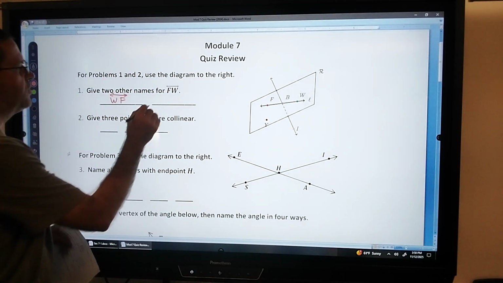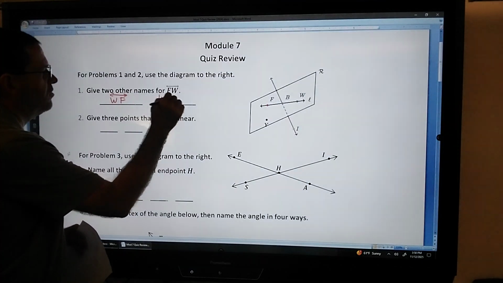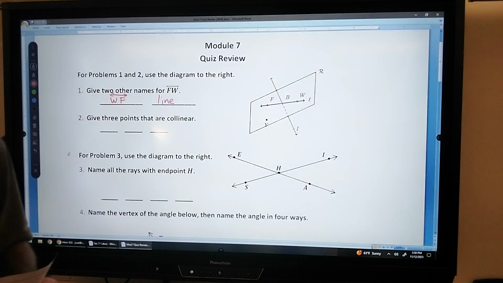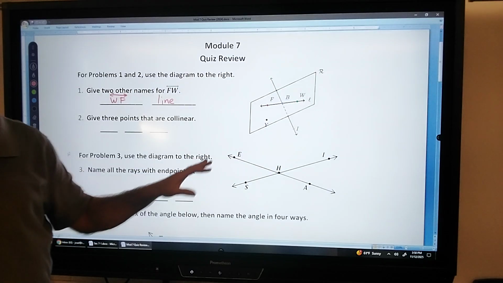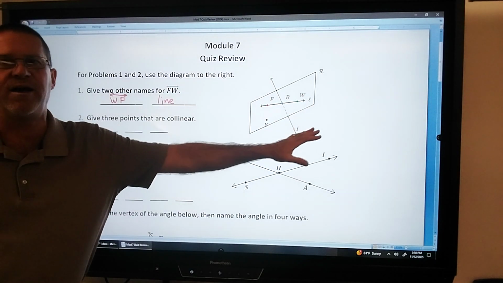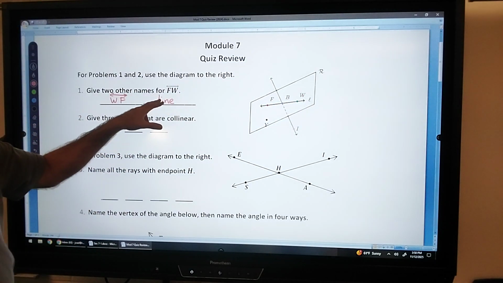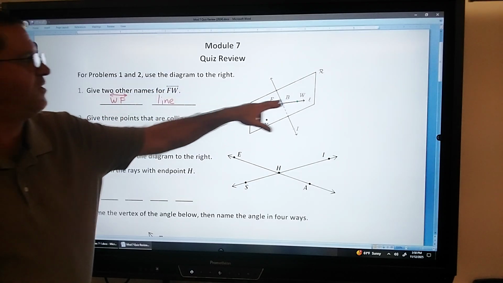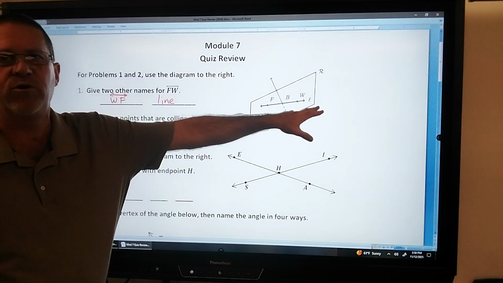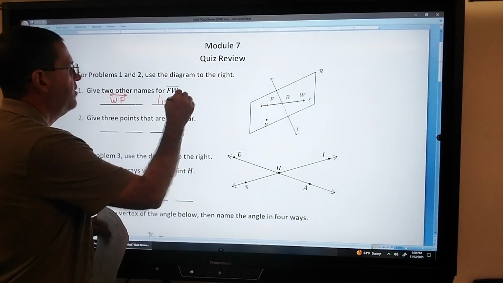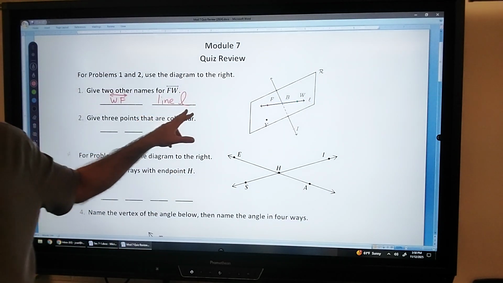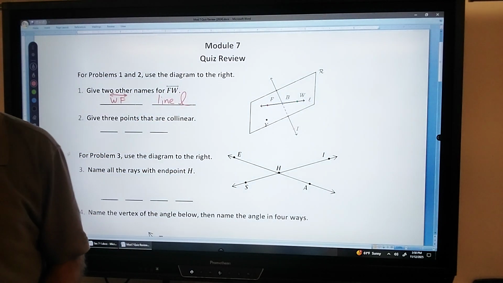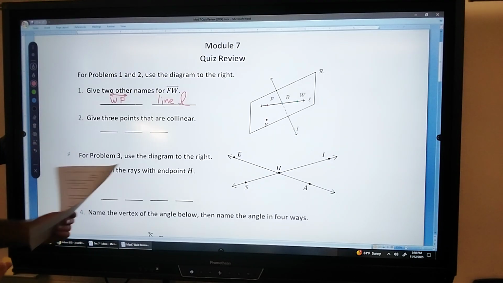Your second option is to use the word line. And then in the diagram, you're going to look for a lowercase italicized letter that matches up with FW. And I see a lowercase letter L. So I'm going to use the word line and then lowercase letter L. So that's 2 other ways to name that line.